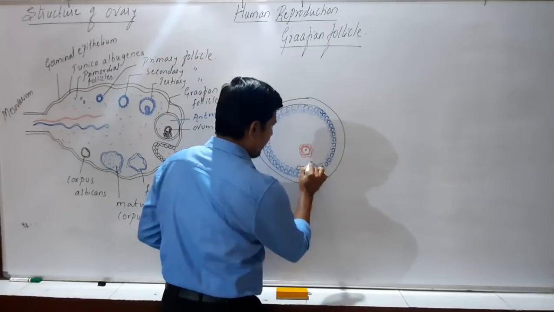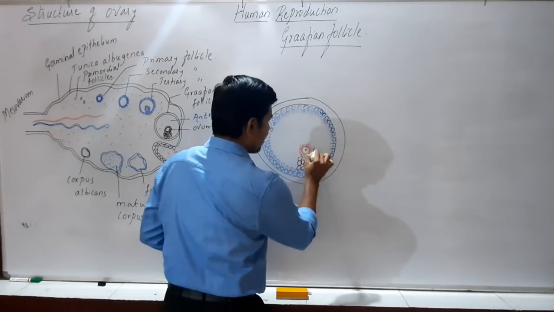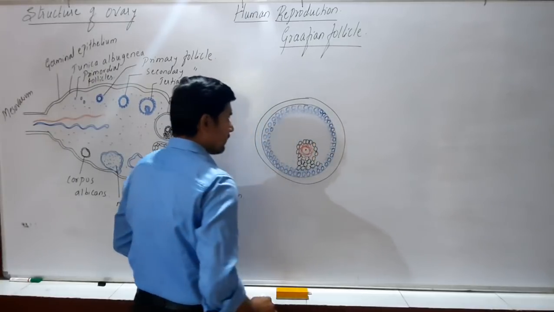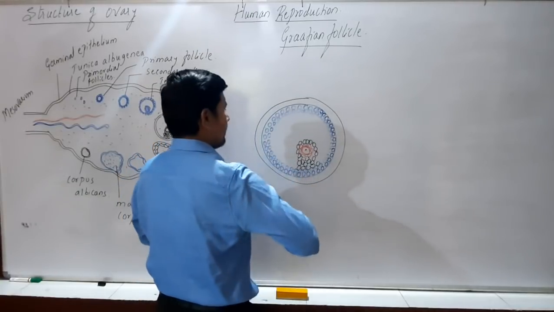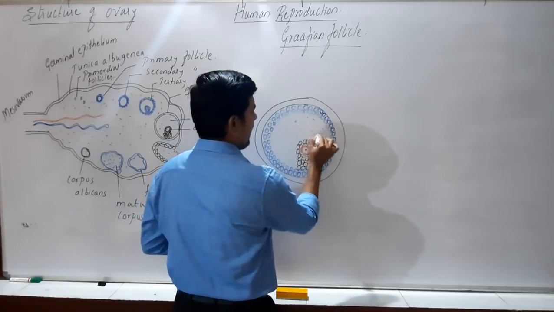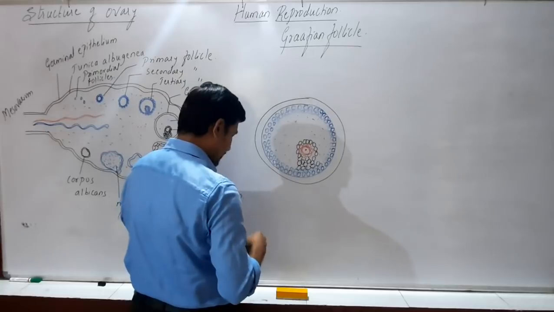Now here we find a group of cells. We call this structure a hillock also. Now here at the center, this is a cavity called the antrum, consisting of liquor folliculi cells.